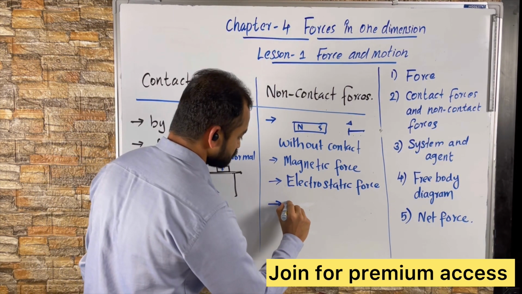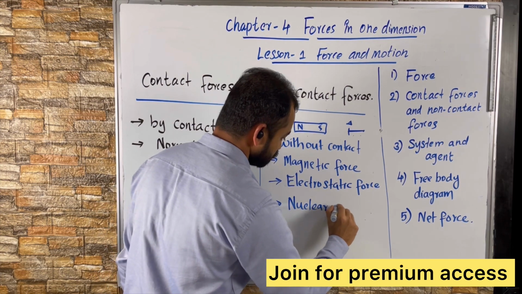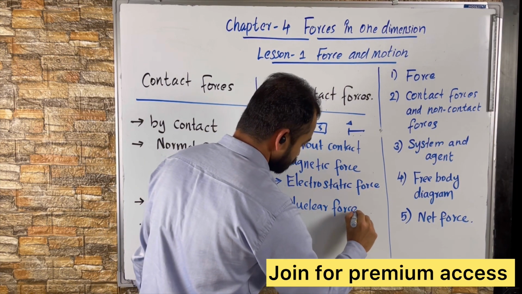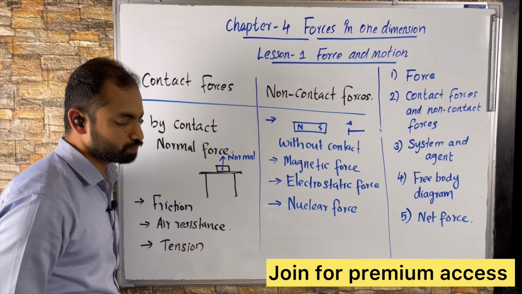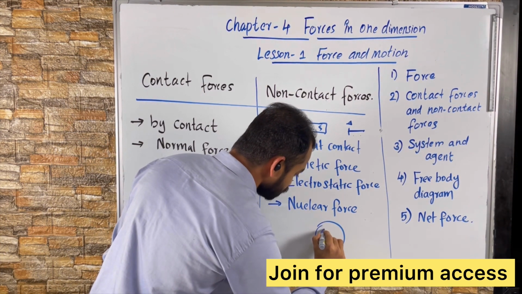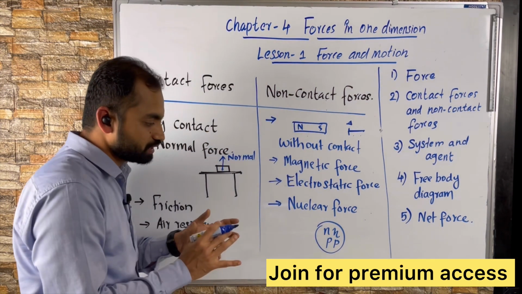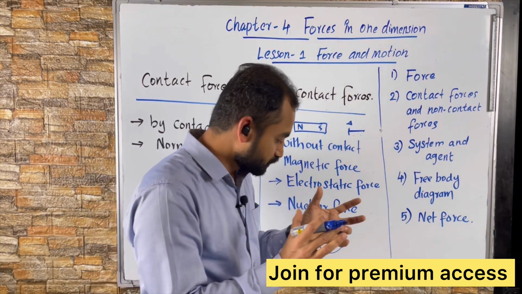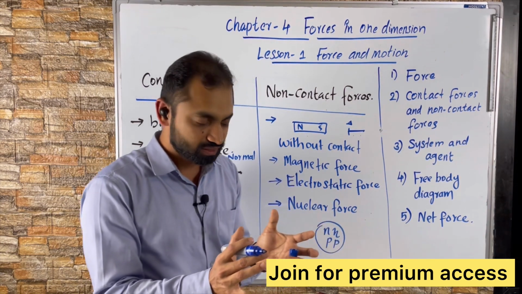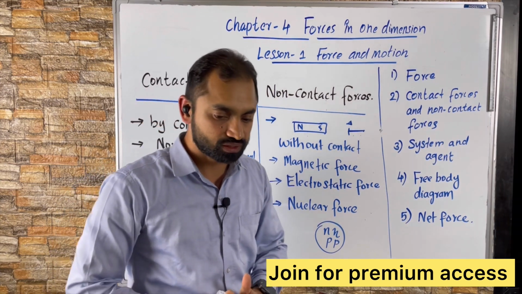Another example is nuclear force. Nuclear force means force between the nucleons. For example, in a nucleus there will be neutrons and protons, so there will be a force acting. That force is called nuclear force.